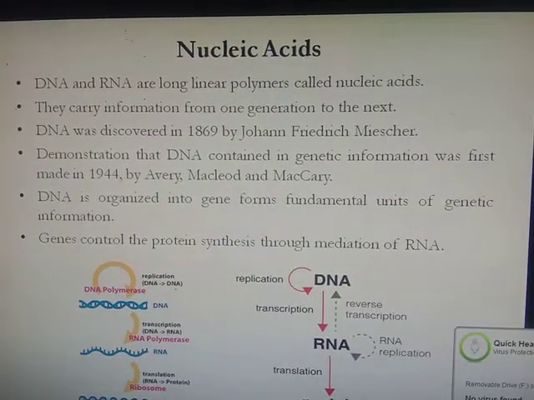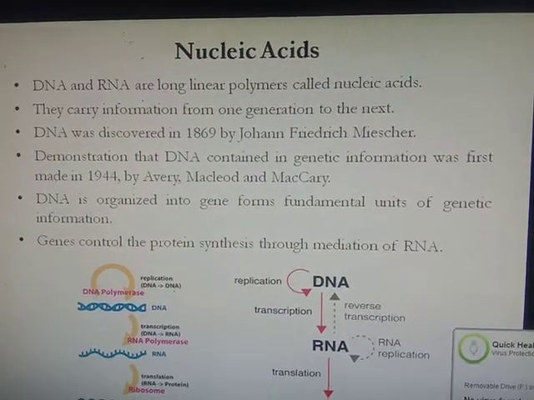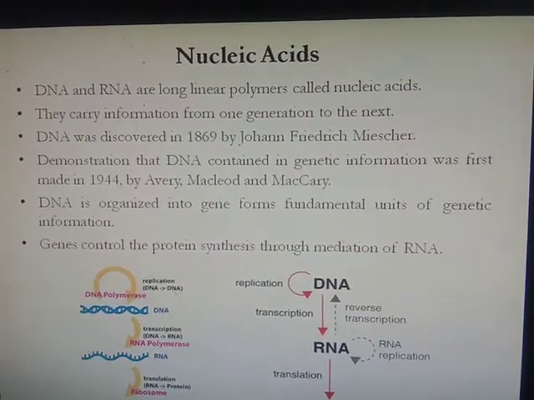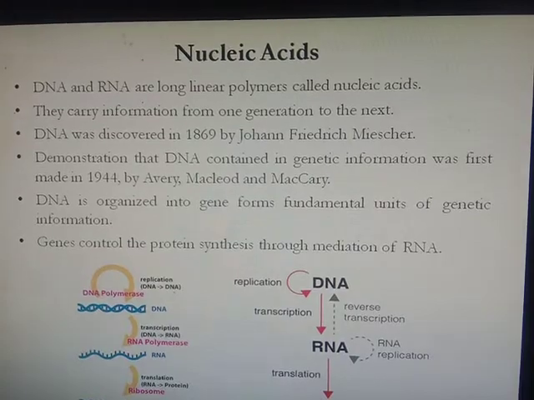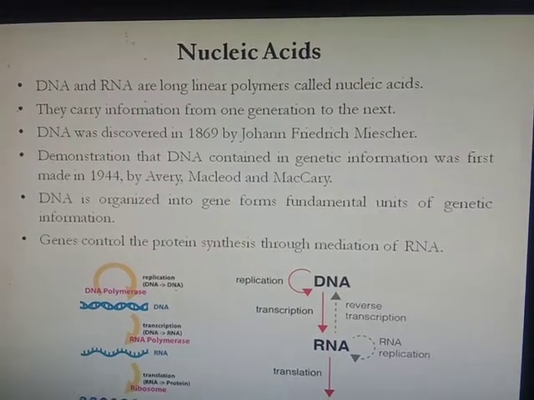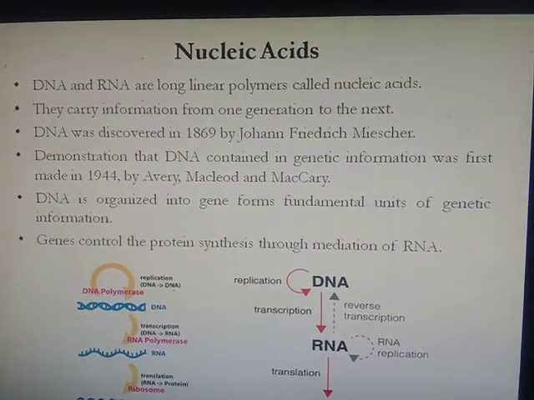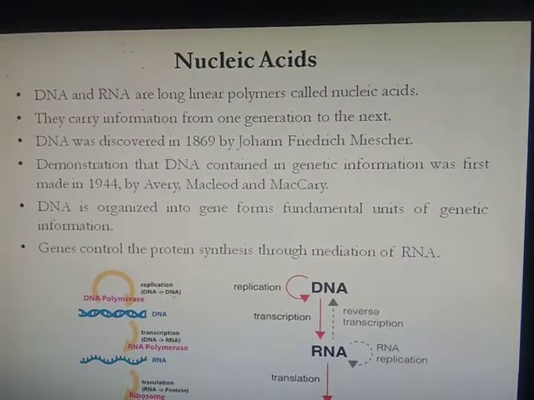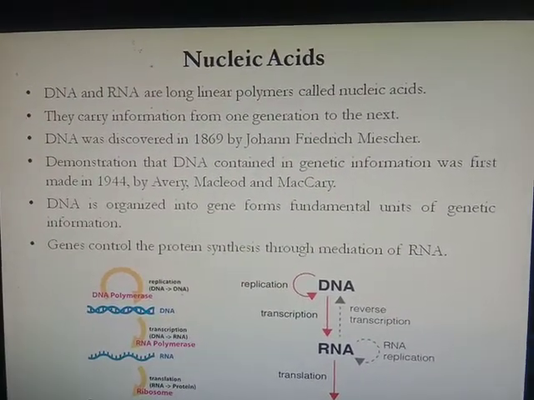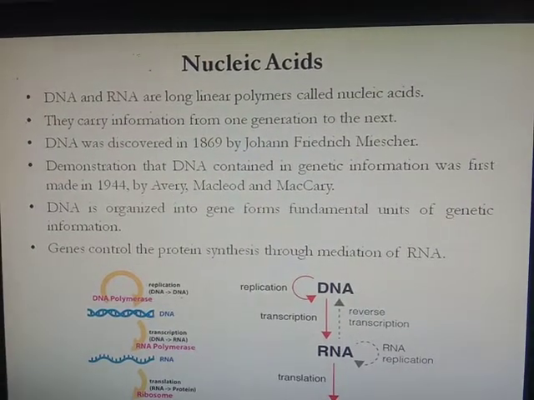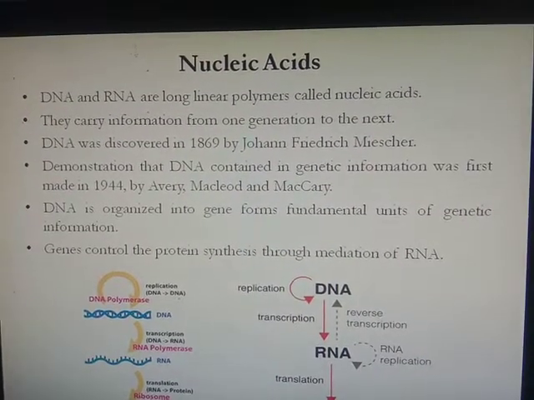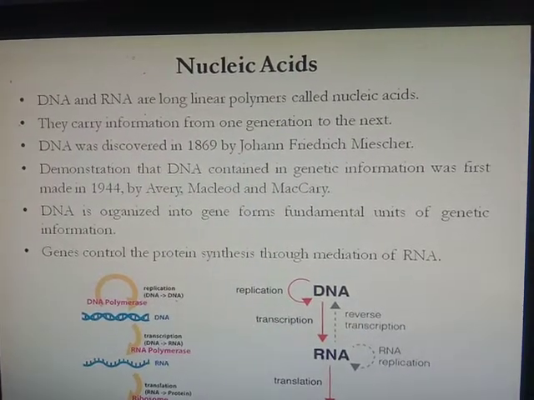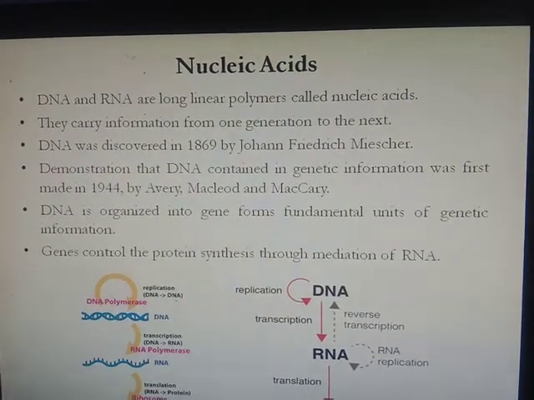Out of DNA and RNA, DNA was first discovered in 1869 by John Frederick Miescher, whereas the demonstration that DNA carries genetic information from one generation to another was done by Avery, MacLeod and McCarty.